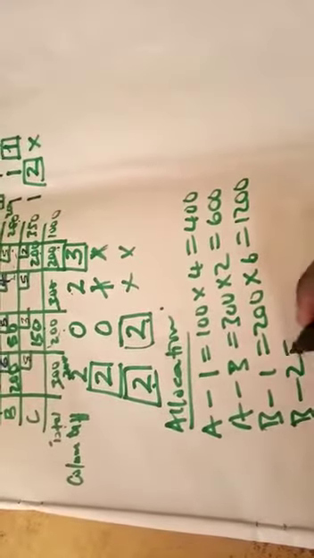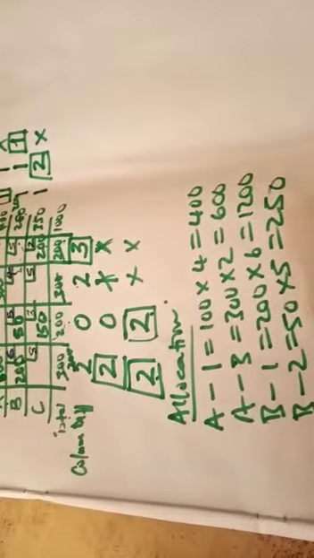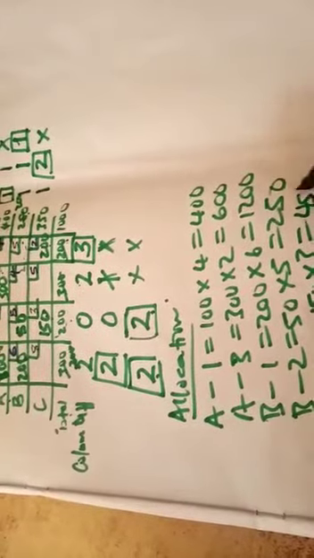B to 2, 50 times 5, that is 250. C to 2, 150 times 3, 450. And C to 4, 200 times 2, that becomes 400. If we add this, that will be the assignment.